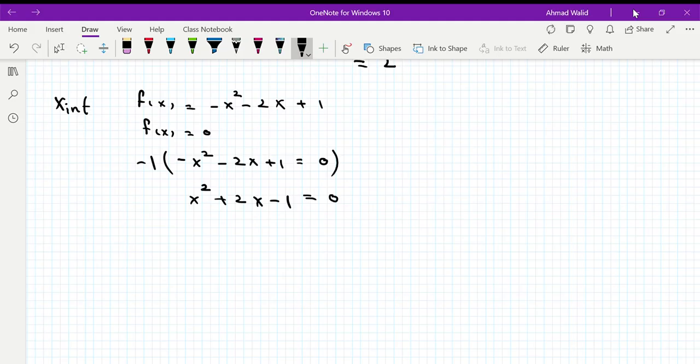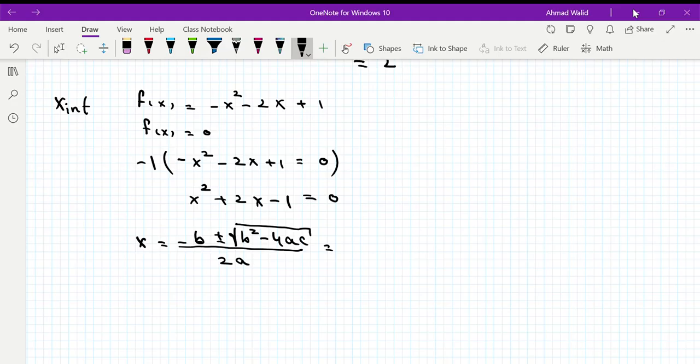Correct? Of course, there are no such numbers that you can factor here, right? Then use the quadratic formula. x equals negative b plus or minus the square root of b squared minus 4ac, over 2a. The quadratic formula, right?